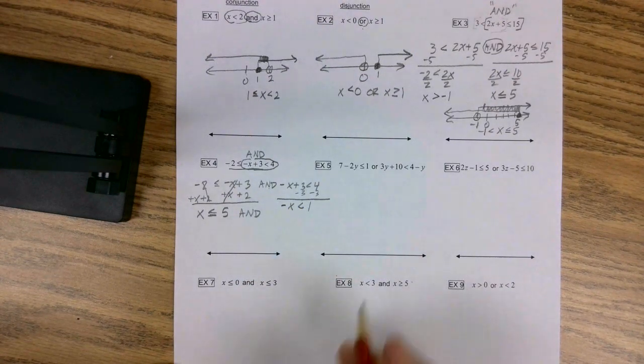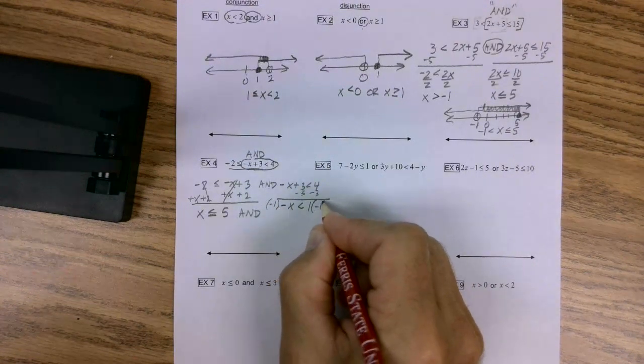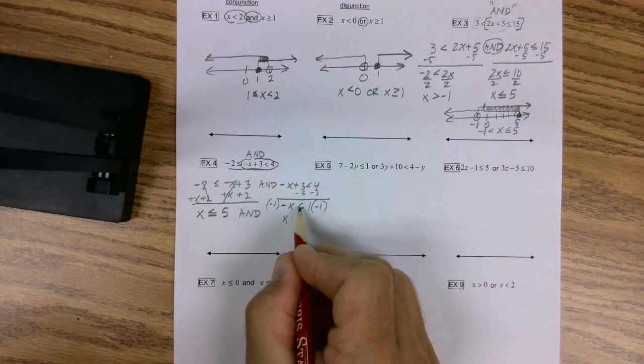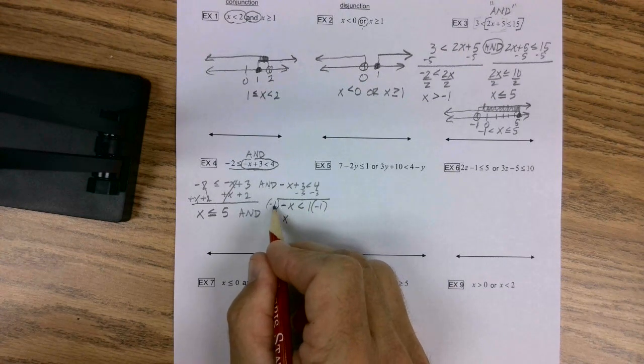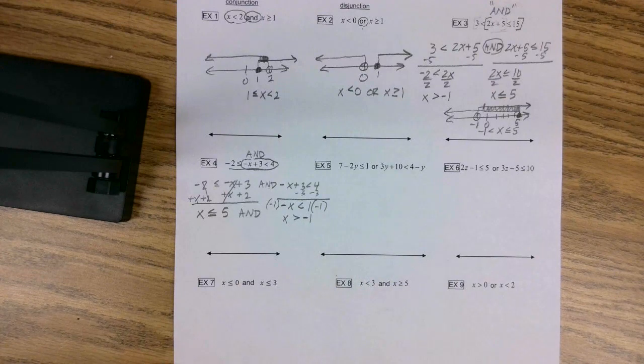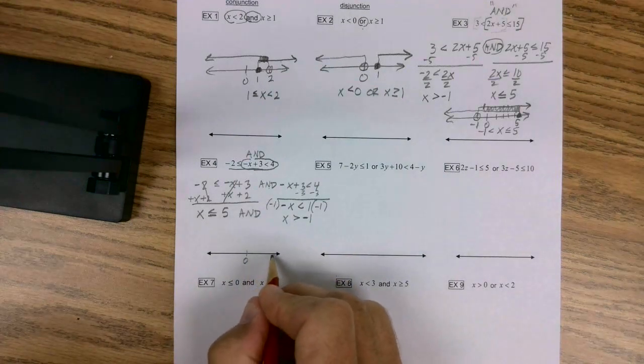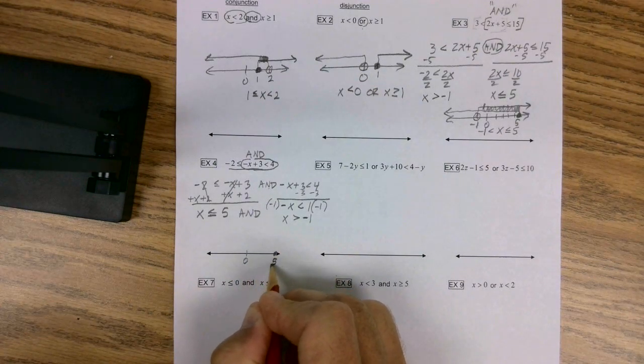Now, watch this. I've got to multiply this side by negative 1, multiply this side by negative 1. What do I have to do to the inequality when I multiply by a negative? I've got to flip it. If you don't remember that rule, the whole problem is going to go down the drain. Now I'm going to go ahead and use this little graph because it will save me just a smidge of time. Here's my 5.